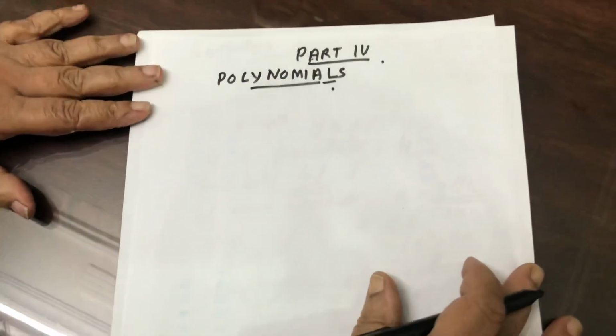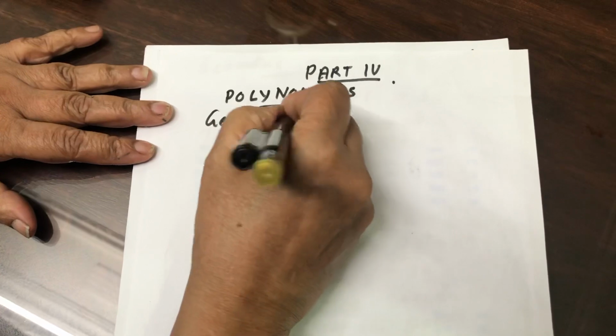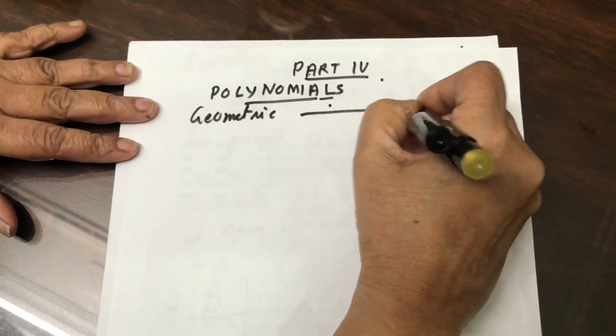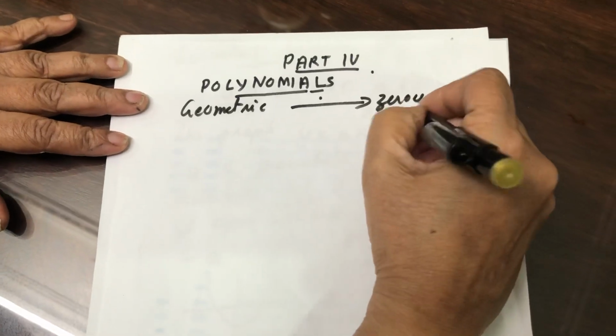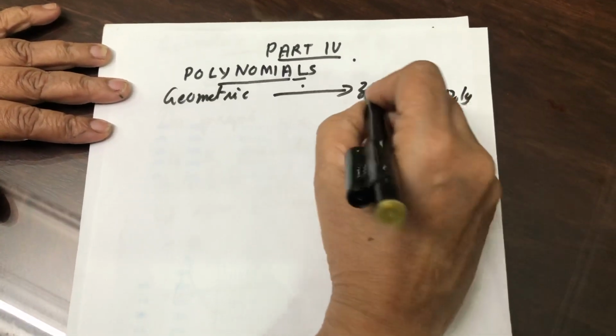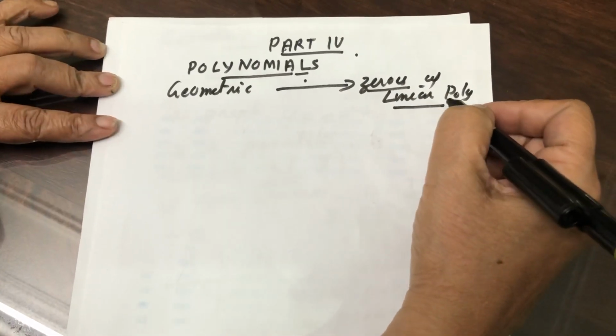Last class I explained the geometric meaning of zeros of a linear polynomial. So how will you find the zero of a linear polynomial?